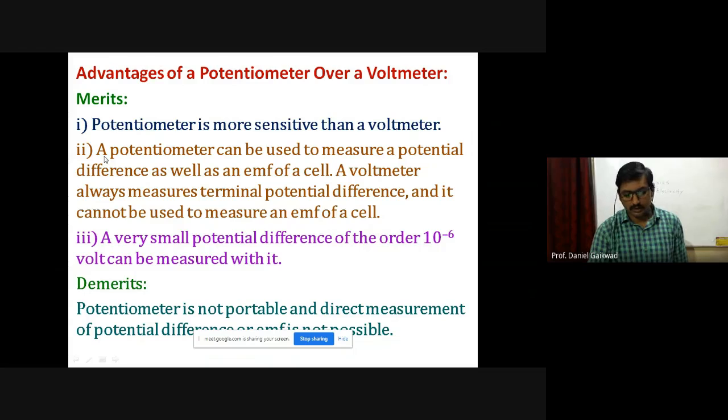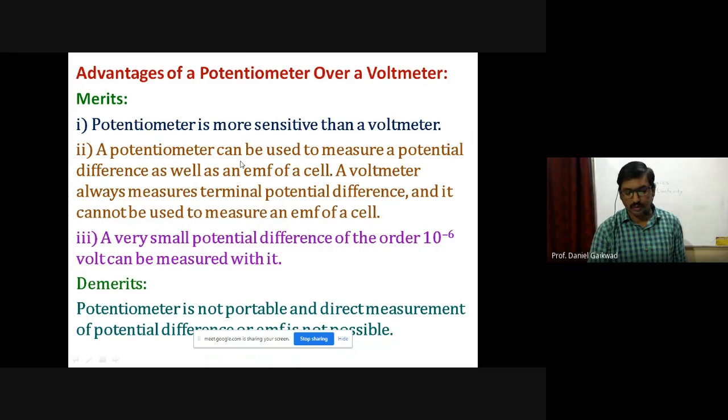Number second is, check carefully, a potentiometer can be used to measure a potential difference as well as the EMF of a cell. A voltmeter always measures terminal potential difference, and it cannot be used to measure the EMF of a cell.